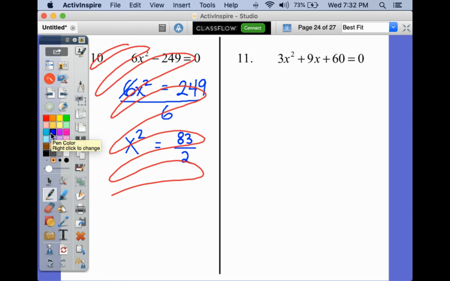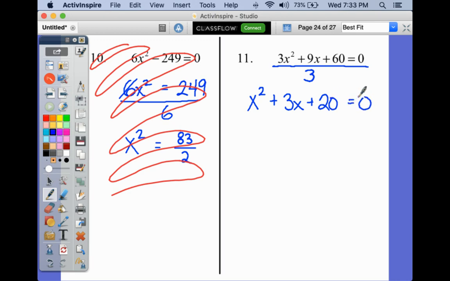Okay, finally, over here, I noticed that all these numbers are divisible by 3. So before I attempt to factor, I'm going to divide them all by 3. Make it x squared plus 3x plus 20 equals 0. And then we can try and factor. So let's see, 20 is only 1 times 20, which doesn't make 3.